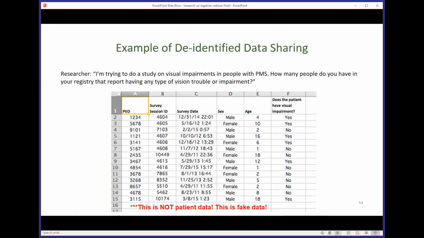So this is an example of de-identified data sharing. It has a patient ID, when they answered it, their age, gender, and, in this example, do they have visual impairment?